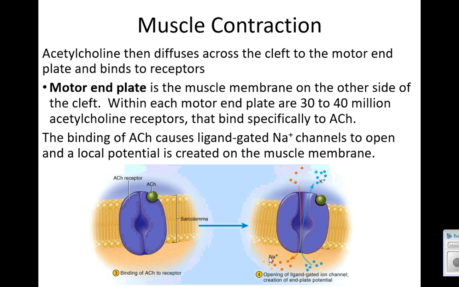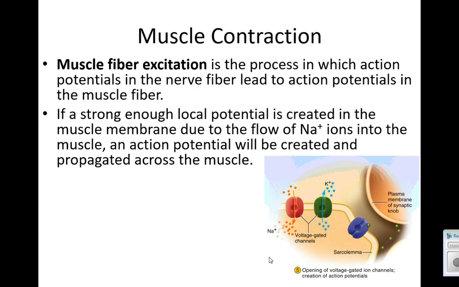And we create a local or graded potential. And if enough sodium rushes in, we hit that keyword, threshold, and therefore trigger an action potential. And that's the point when muscle fibers become excited.